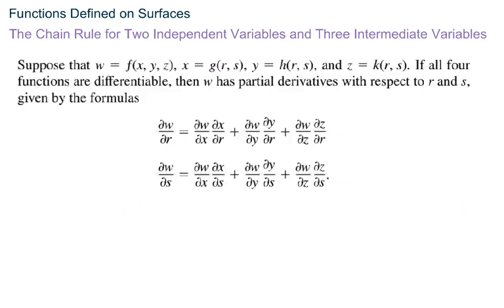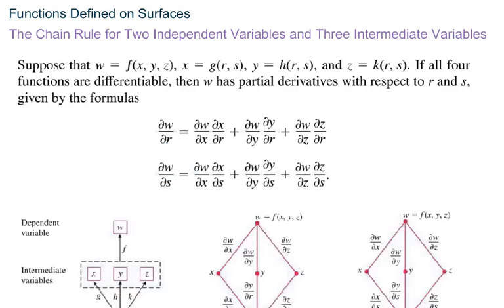Supposing that W is a function of x, y, and z, and x, y, and z each have two independent variables, r and s. All four functions, w, x, y, and z, are differentiable, and w has partial derivatives with respect to both r and s.